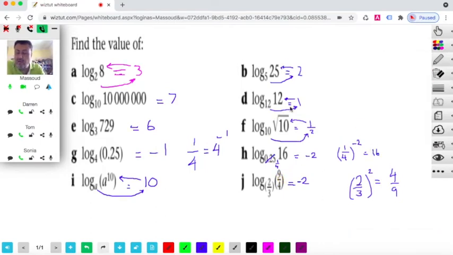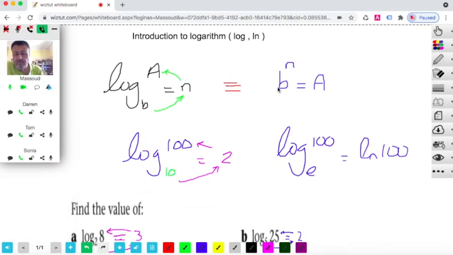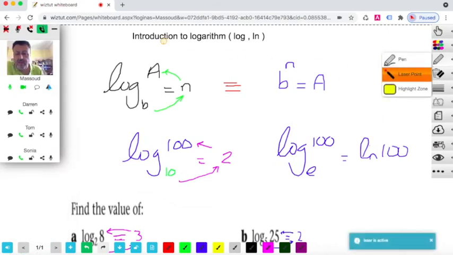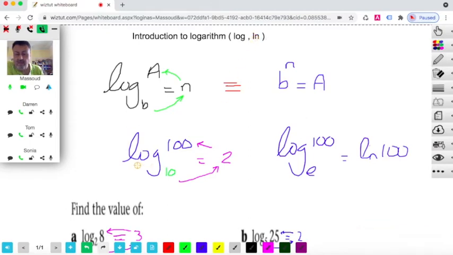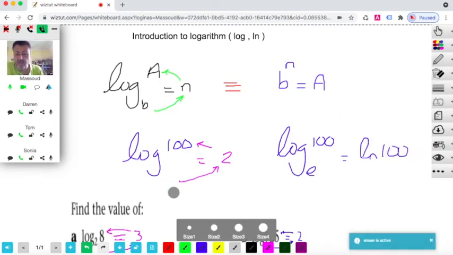At the moment, the only thing that we discussed in this video was an introduction to log. So going back to what we said, you have log and ln described. Log by itself is really a base of 10. So if you didn't see a base there, you can assume that that is a log to the base 10.